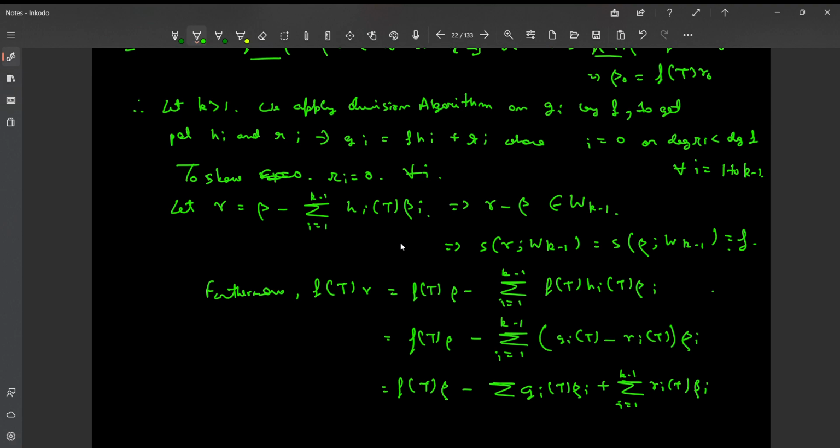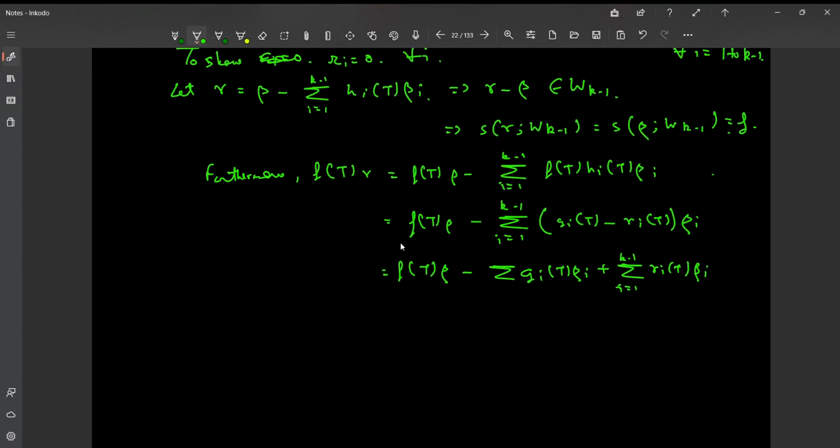But what was f(T) beta? It was given in the statement; beta was a certain vector assumed in the statement. We had the expression for f(T) beta itself.